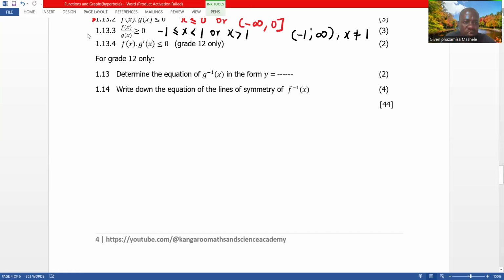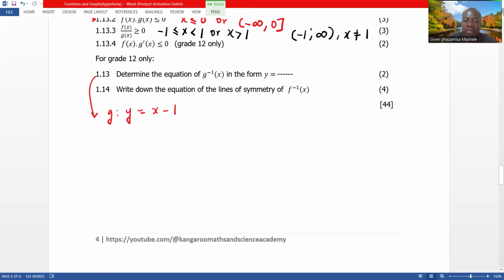So in terms of 1.13, what do we want? We want to determine the equation of the inverse of g. And what is g? The g is y equals to x minus 1. And how do we find the inverse? Remember, it's reflection about the line y equals to x.